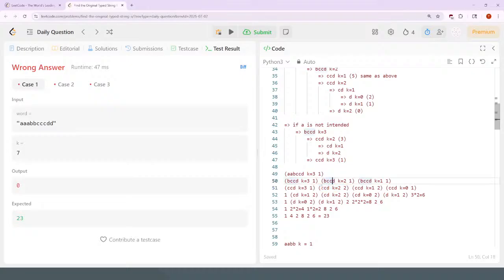So if the first is intended, then it becomes cdk equals 1. Okay, and if I didn't intend it, yeah, I guess I just somehow skipped it. Or was I doing something else?